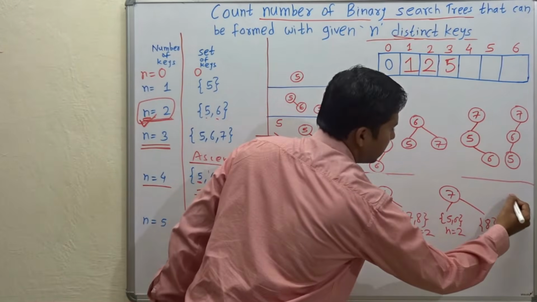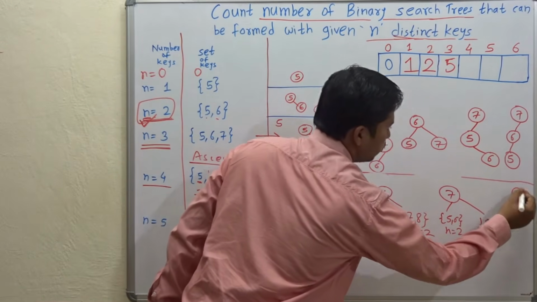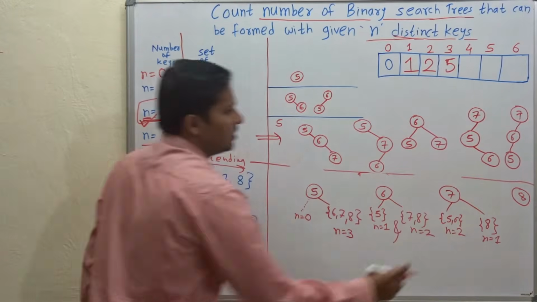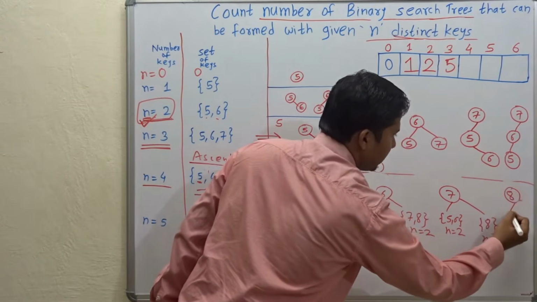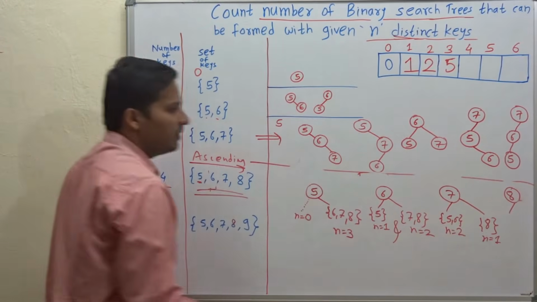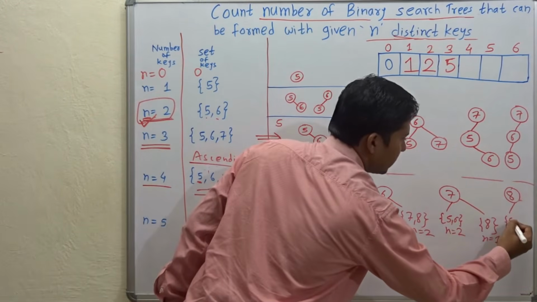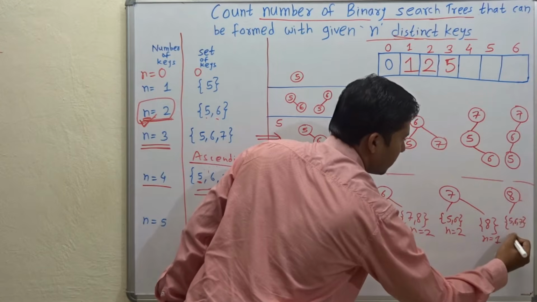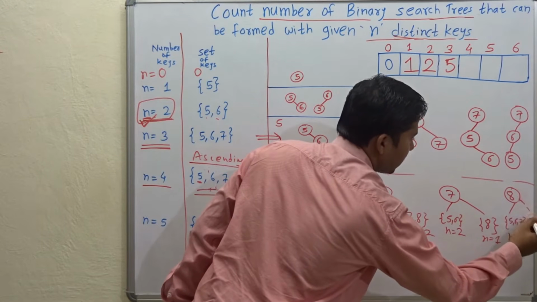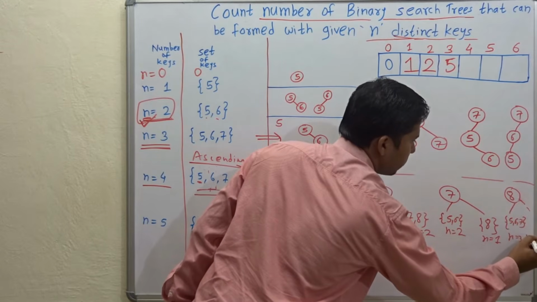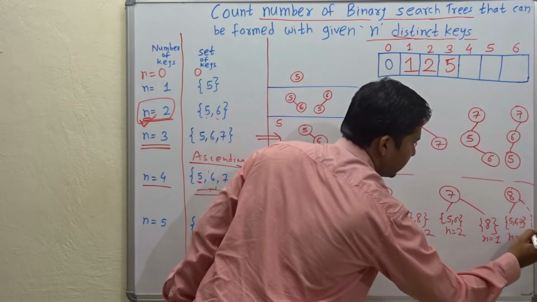Now the final thing, 8 as the root. So if we make 8 as the root, then there will be 3 elements on the left side, that is 5, 6 and 7, n equal to 3, and 0 elements on the right side, so n equal to 0. This is the right side.